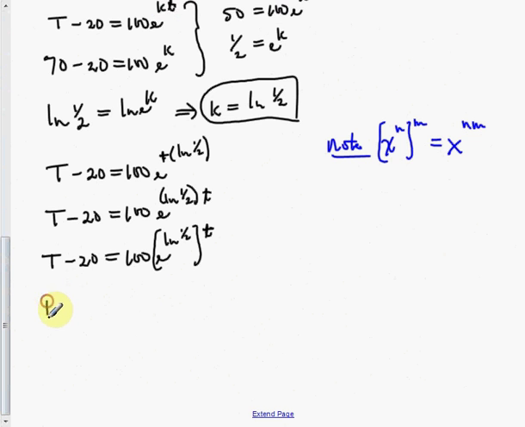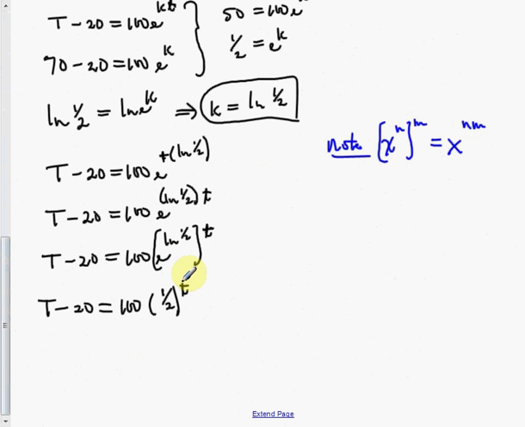So here, this is T minus 20 is equal to 100 times 1/2 to the t. If I have e to the natural log, that cancels out.